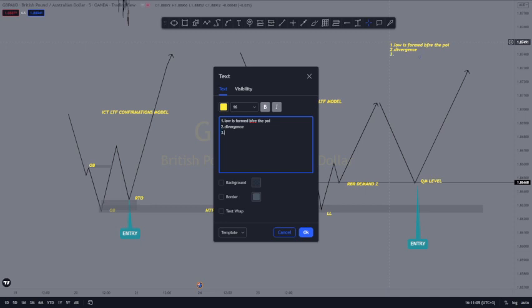Number three, we've seen there is a demand or a supply zone created at the QM level. A strong, significant zone.